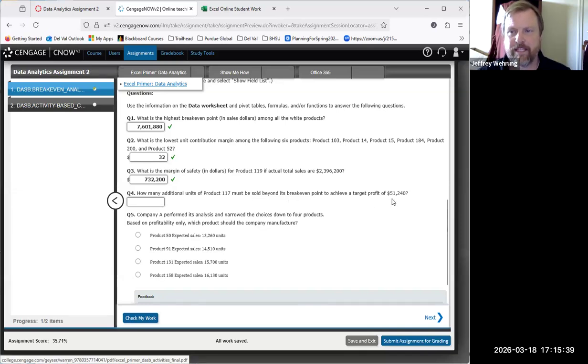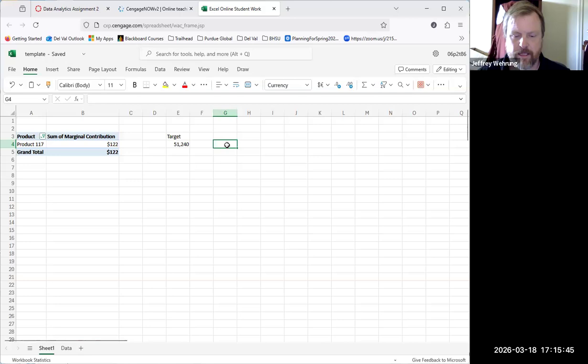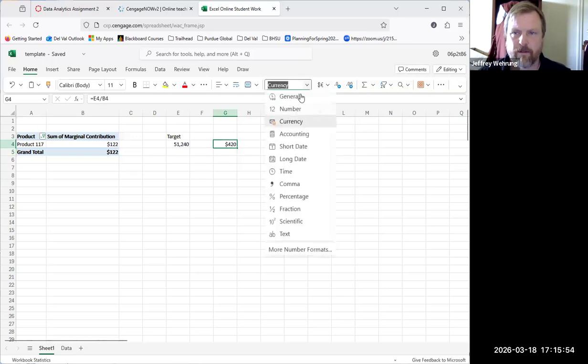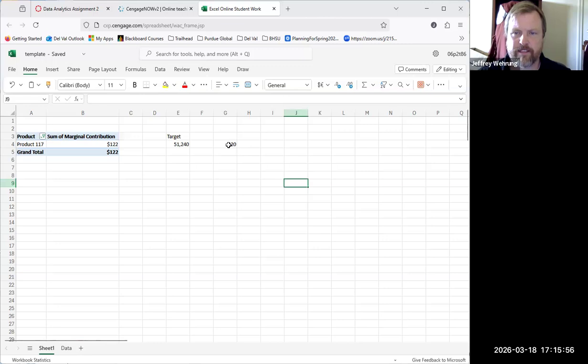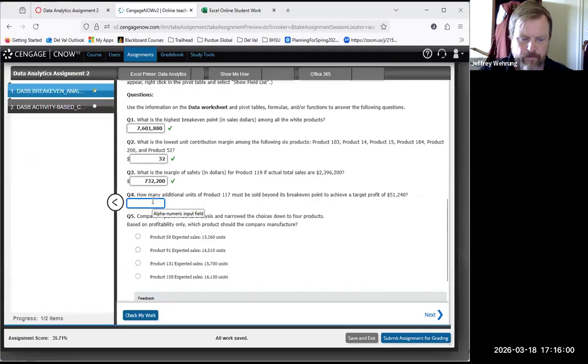So really, how many times do we have to get that marginal contribution to hit our goal here? And so I can just say it's equal to our target profit divided by our marginal contribution. So that'll tell me how many we have to sell. Okay, so that means I have to sell an extra 420 units to get that profit goal.